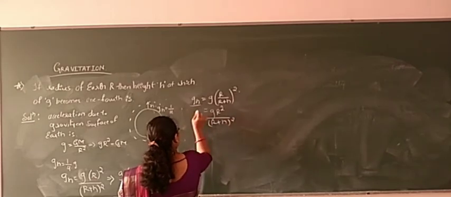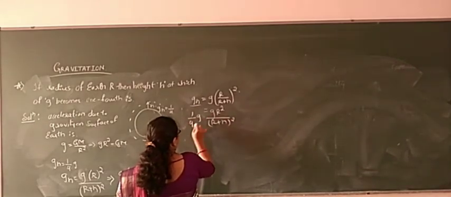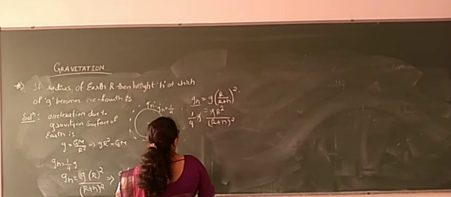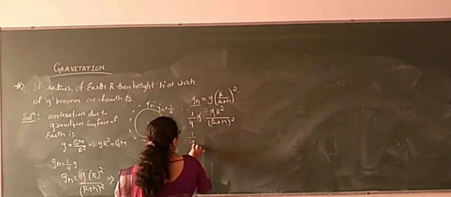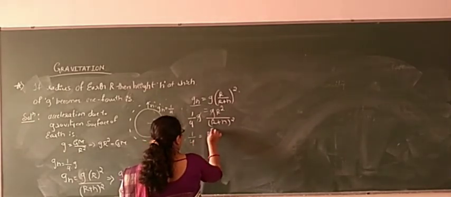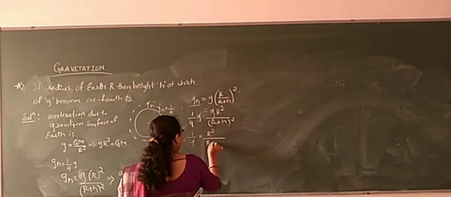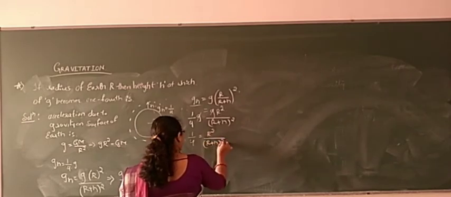Now this g_h part is 1/4 of g. So on both the sides g will get cancelled, remains 1/4, that is R² divided by (R + h)² here, right?